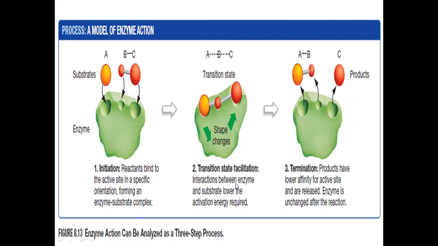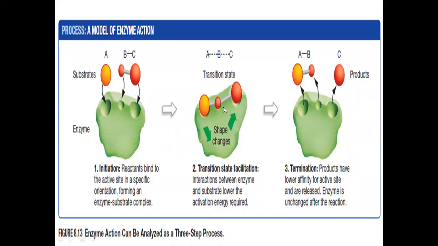So that's the transition state facilitation. Inside the catalyst's active site, these reactant molecules are actually more likely to reach this transition state. Remember, the catalyst acts to speed up the reaction. So when these reactant molecules are in the active site, it's easier for them to reach the transition state.